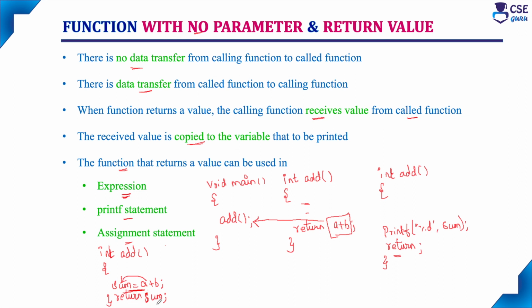So here the return statement is accompanied with an assignment statement. Simply, we can return a variable, or an expression, or use it along with the printf statement. In these three ways we can return values to the calling function.